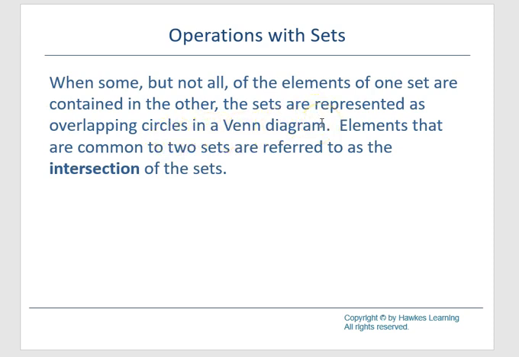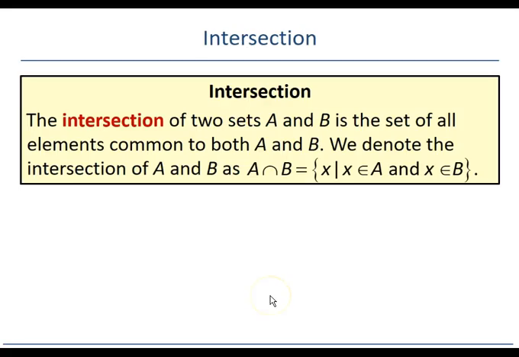Now we already showed this. Do you recognize it? Elements that are common to two sets are referred to as an intersection of these sets. Now, here is the formal definition of the intersection of two sets. So you want to take some notes on this.